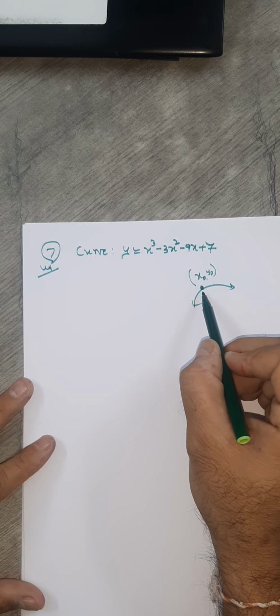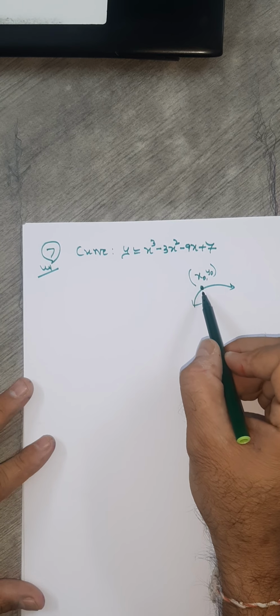Now how do we get the y0? The point is always on the curve. So second coordinate you can find by putting x equals to minus 1 here. So y0 equals to, if x0 is minus 1, then y0 will be minus 1 the whole cube, minus 3 into minus 1 the whole square, minus 9 into minus 1 plus 7. Are you getting what I did?